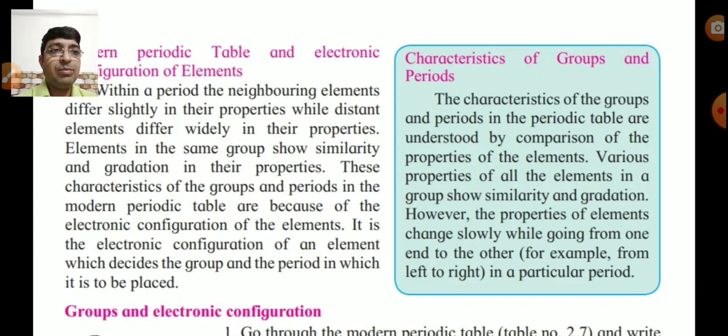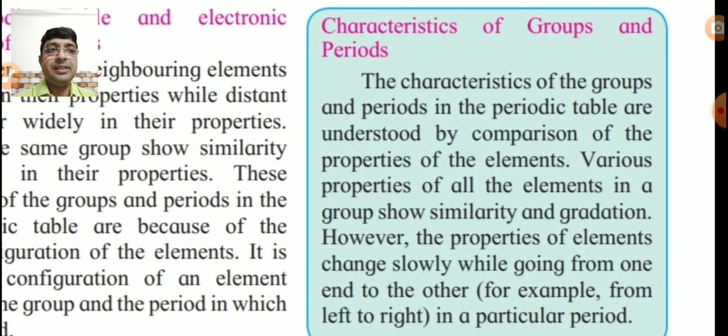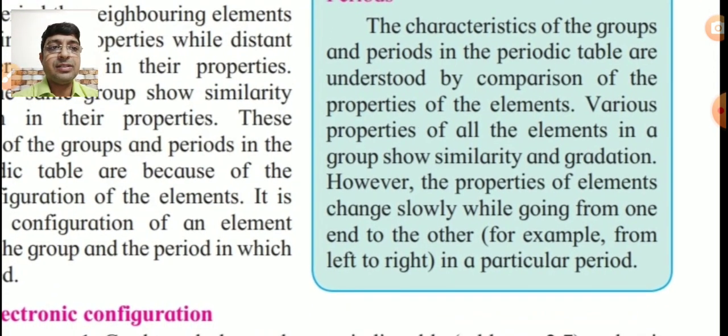Now, see in that green box, characteristics of groups and periods are given. The characteristics of groups and periods in the periodic table are understood by comparison of the properties of the elements. Various properties of all the elements in a group show similarity and gradation.